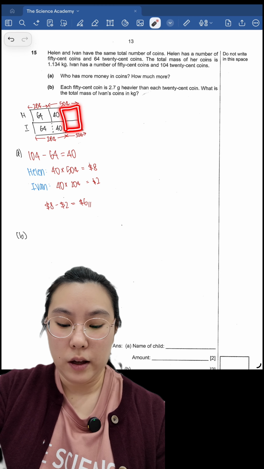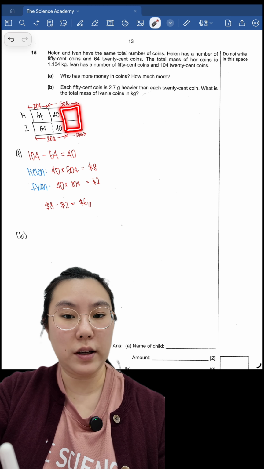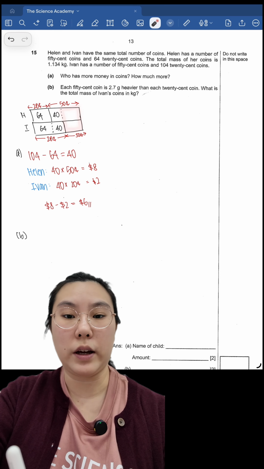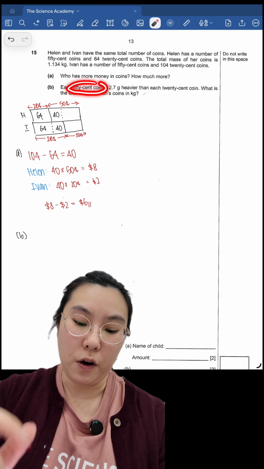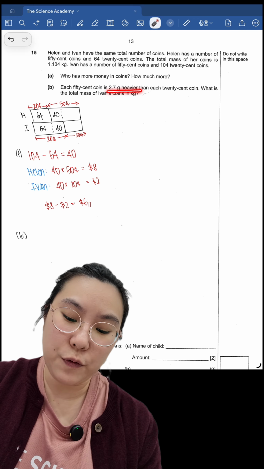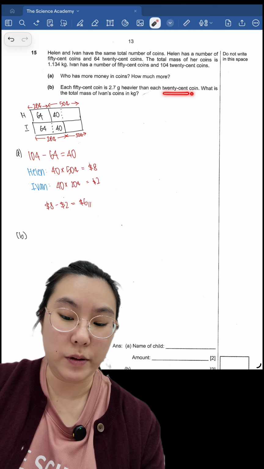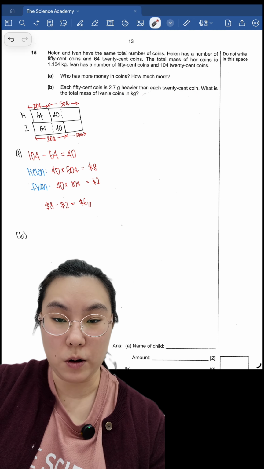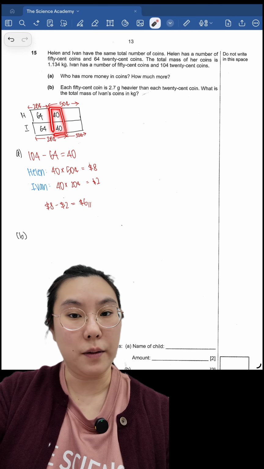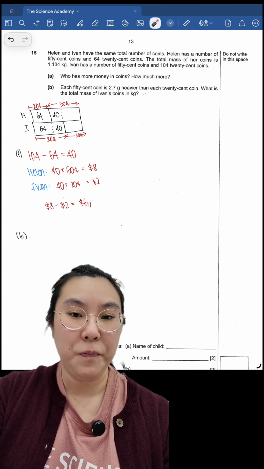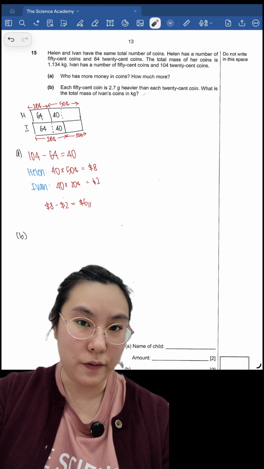And this amount of 50-cent coins here are also the same, so they also do not cause any difference in value. Therefore, when I know that each 50-cent coin is 2.7 grams heavier than each 20-cent coin, I can then find the mass of these 40 coins to help me find then the mass of Ivan's coins.